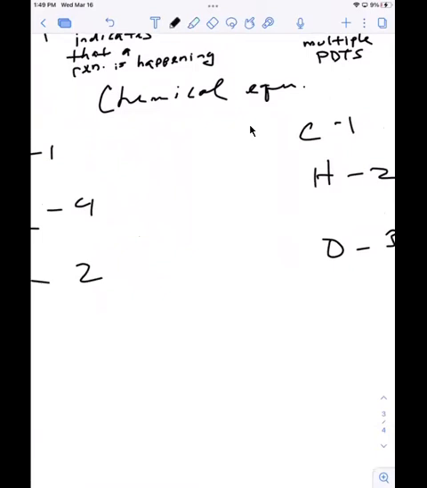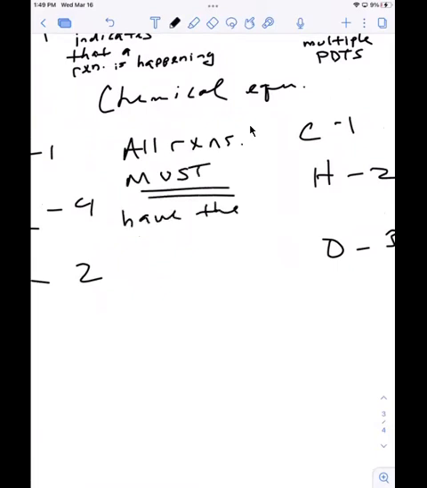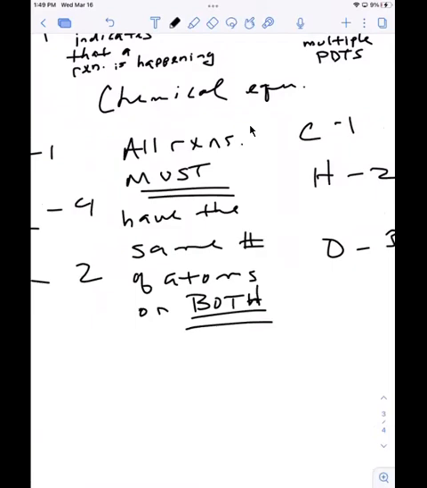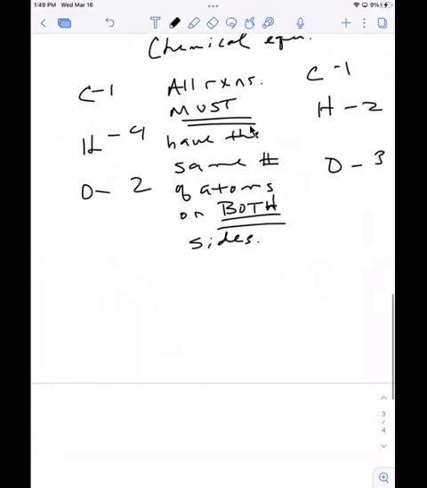So let me put that in here. All right, got to have the same number of atoms on both sides.